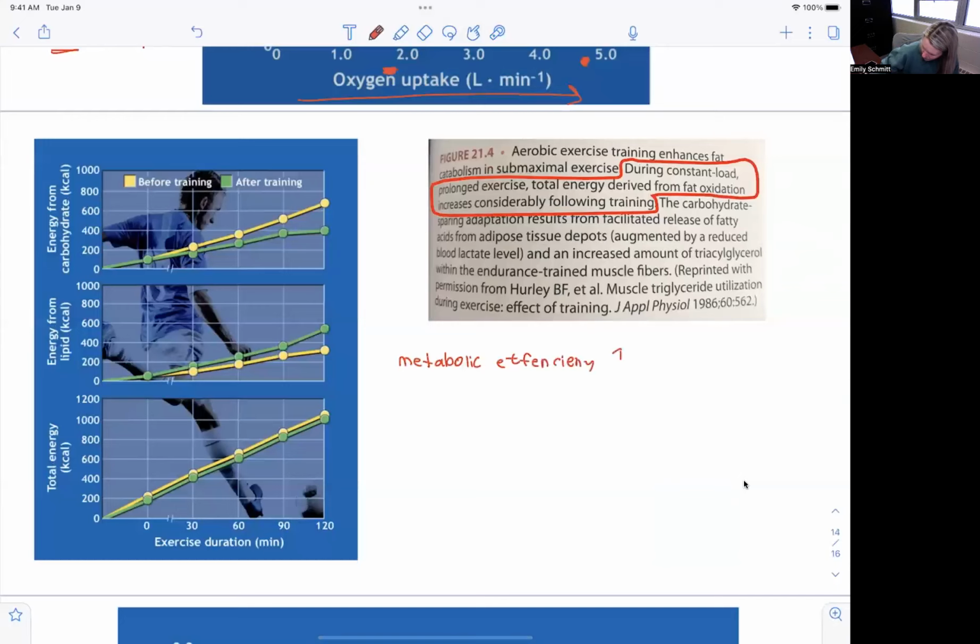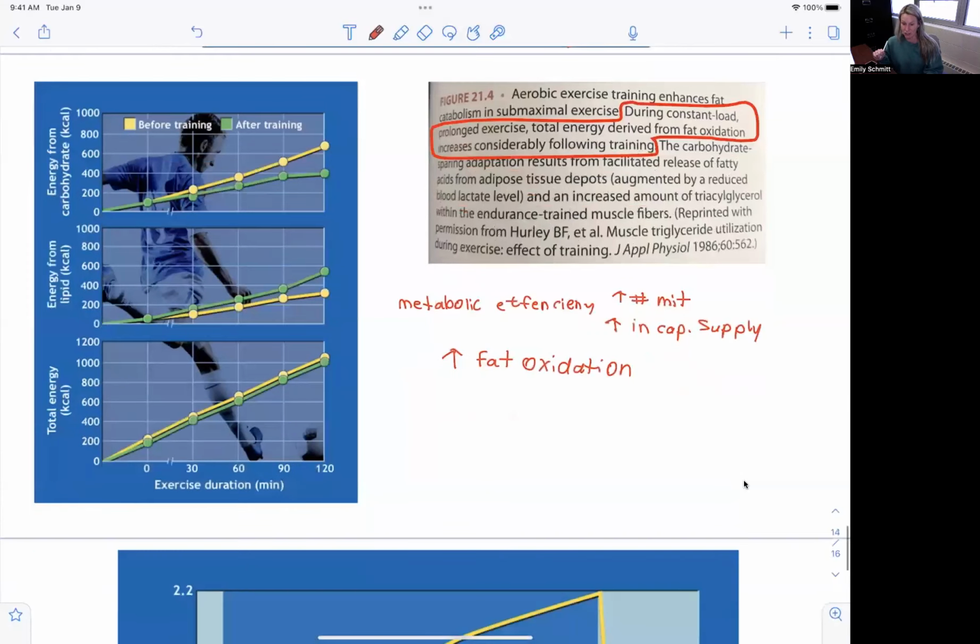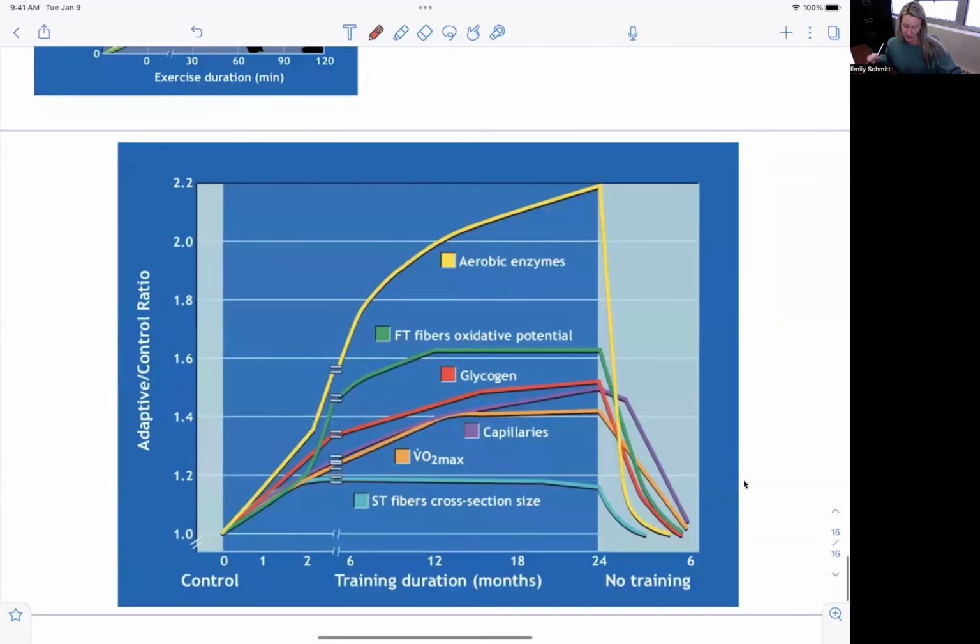So we have an increased number of mitochondria. We have an increase in capillary supply to our muscles. And we have an increase in fat oxidation. And these are all important concepts when we're talking about adaptations to aerobic exercise or aerobic training.